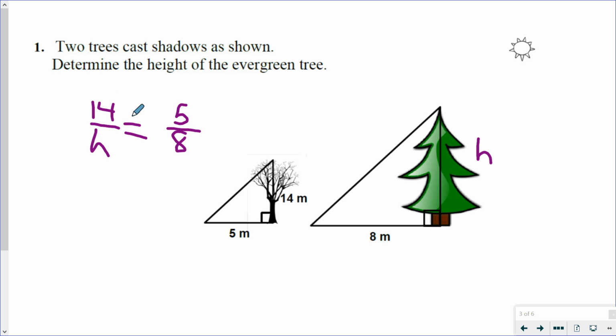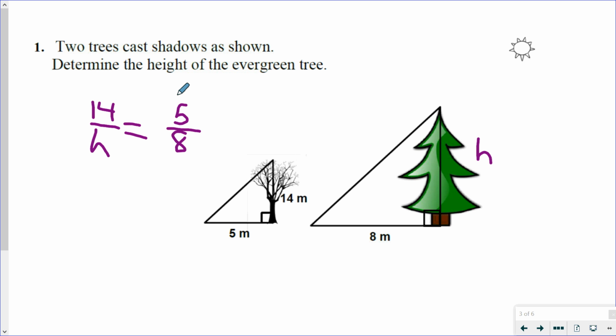Now notice my numerators, those numbers are coming from the first picture, and my denominators are coming from the second picture. So you have to have some order into how you set up these proportions.